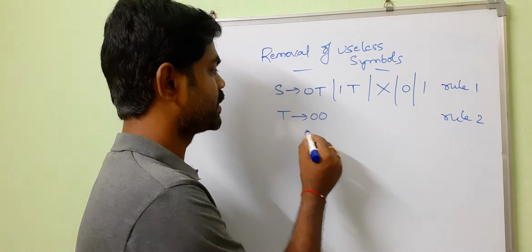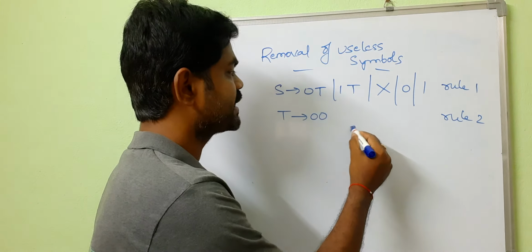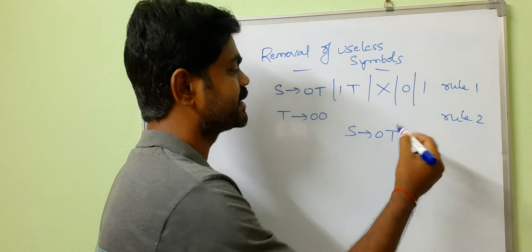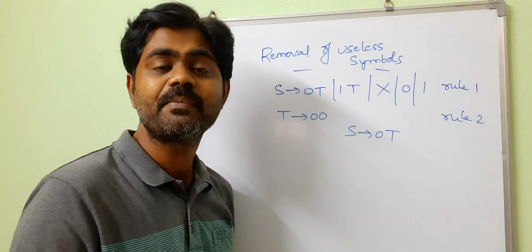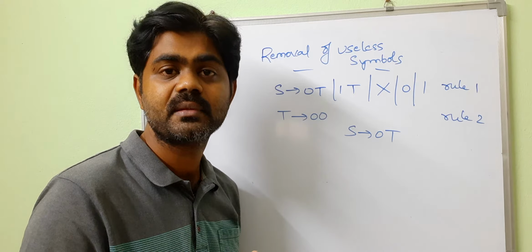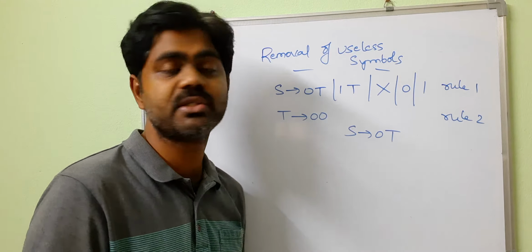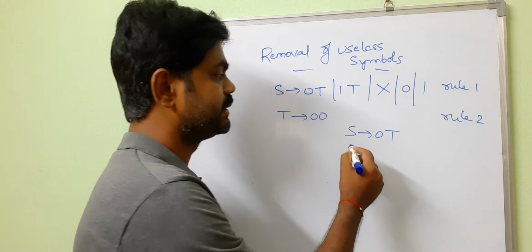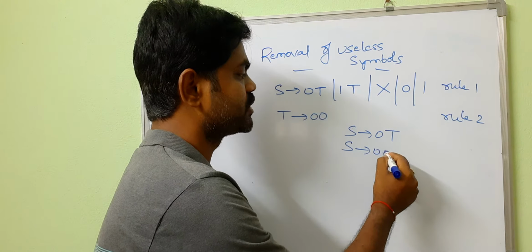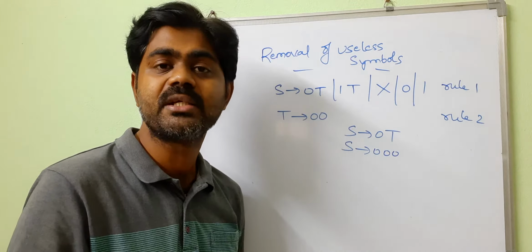So let's take the first one, S tends to 0 capital T. Do we have a production for capital T? We have capital T tends to 0 0. So substituting for T, we get S tends to 0 0 0. All the zeros are terminals.